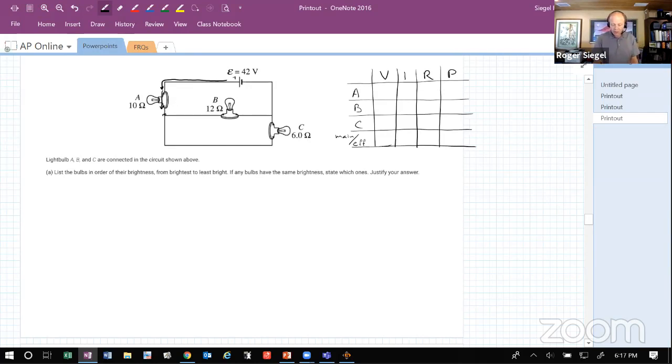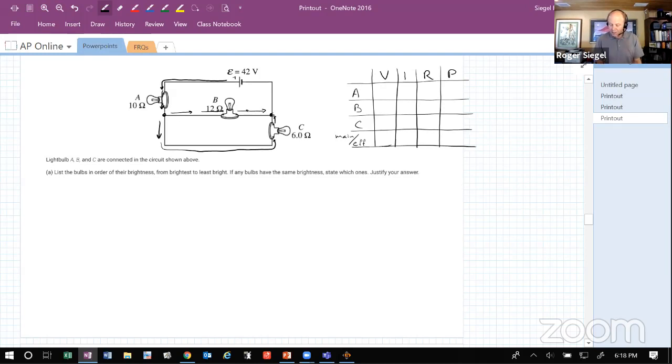Then we come to a junction, which means that some of the current, as Kristen was telling us, is going to go this way, and some of it is going to go this way. The current that goes this way will go through this light bulb. There'll be a voltage drop. The current that goes this way will go through this light bulb. There'll be a voltage drop. Then we come to another junction, and the current that was separated on the left is now reunited.